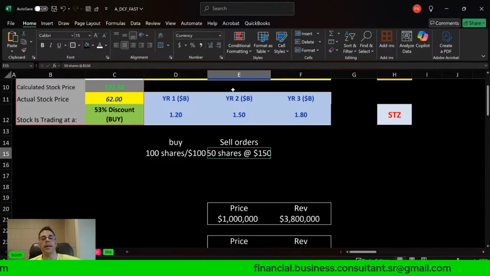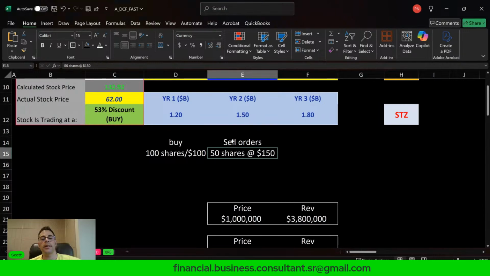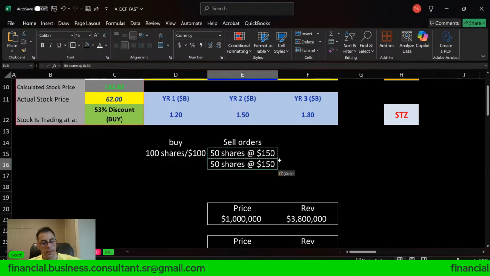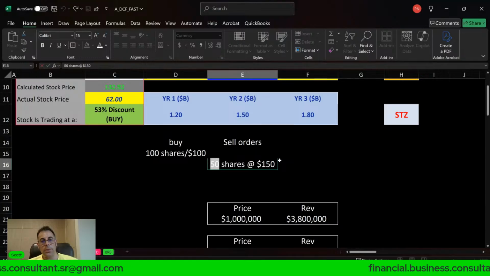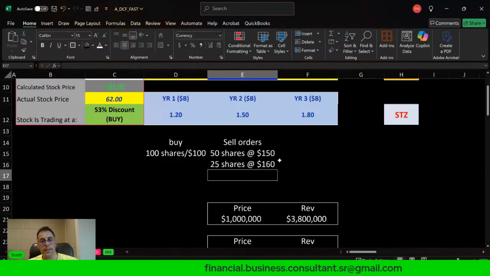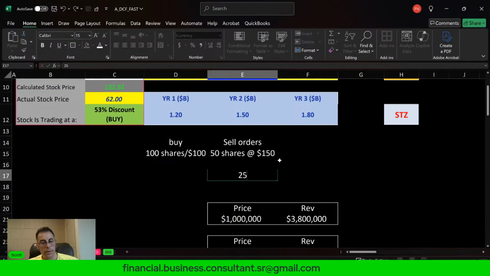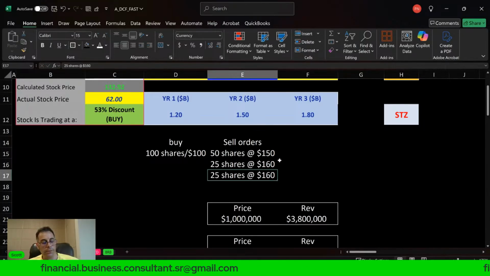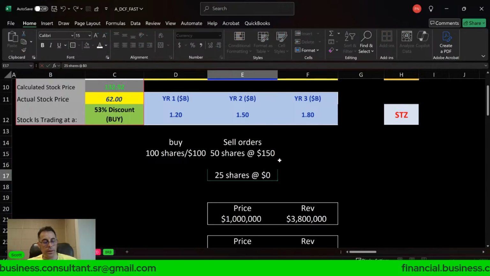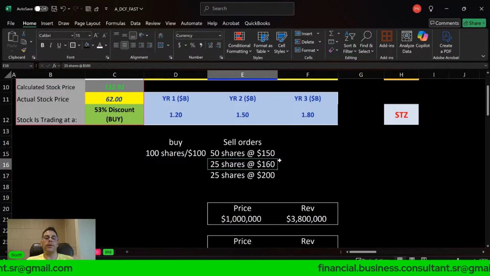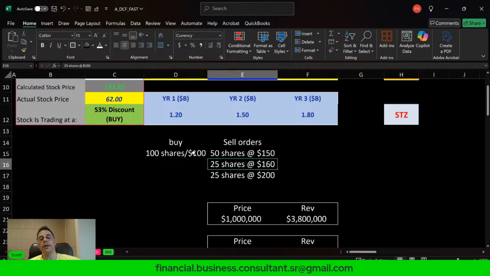So if it goes up 50%, I'm going to sell half my stock. And then 25 shares at 160, 25 shares at 200. Regardless of your level, you might have 50 shares at 120 and 25 at 130.